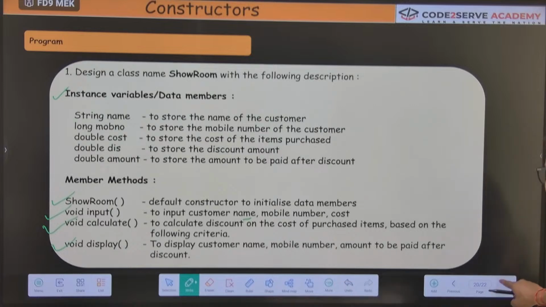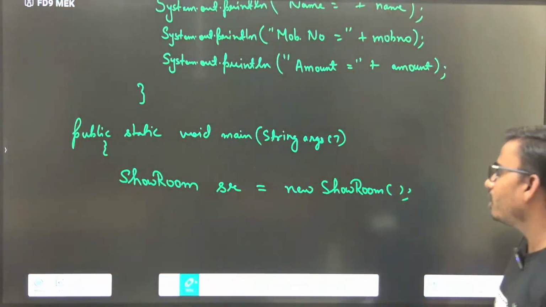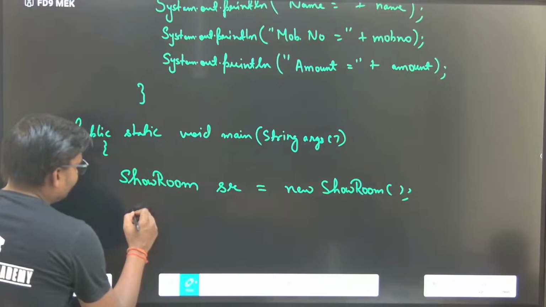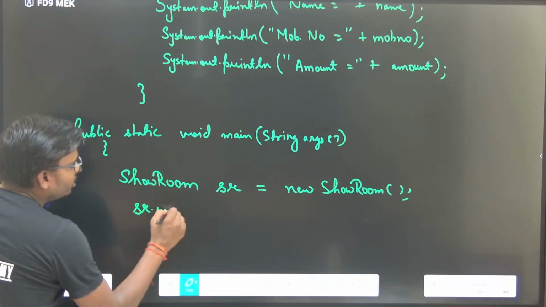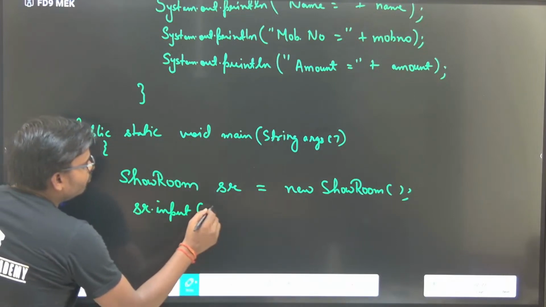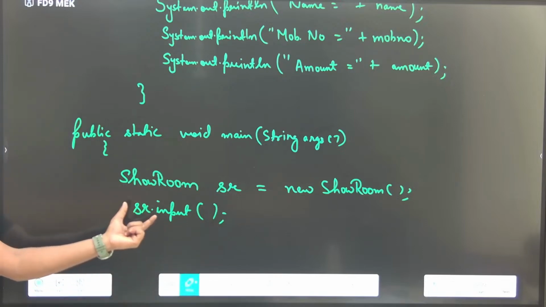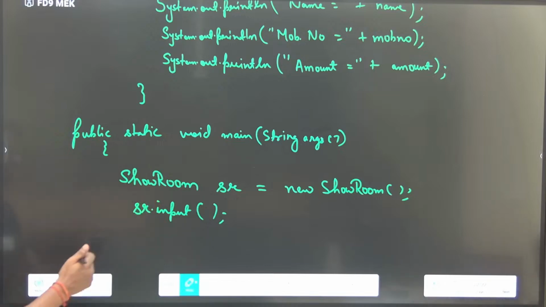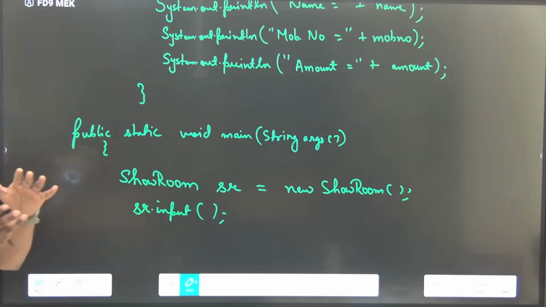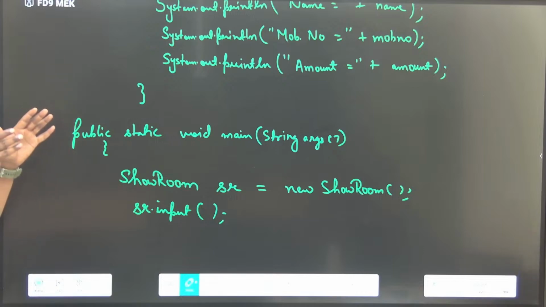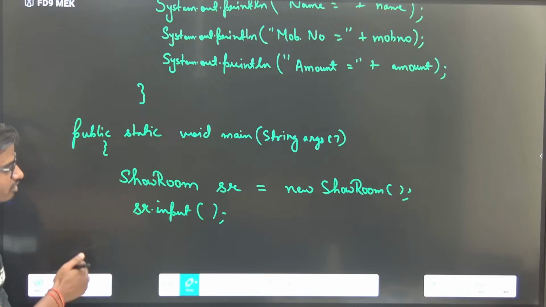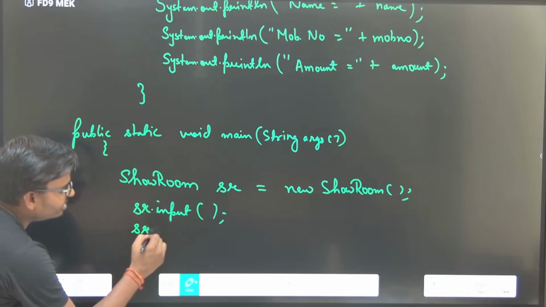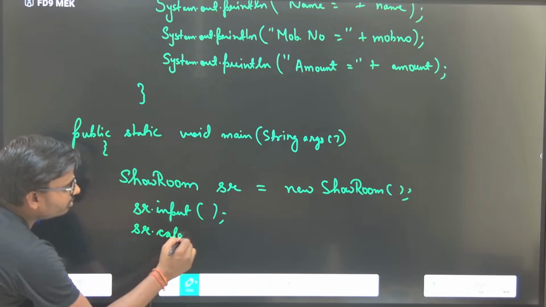So we'll call sr dot input. Whenever we call this after creating the object, it will ask the user to give the name, mobile number, and the cost. Next, everything gets initialized to the values, whatever data members we have created. Then we will write sr dot calculate.